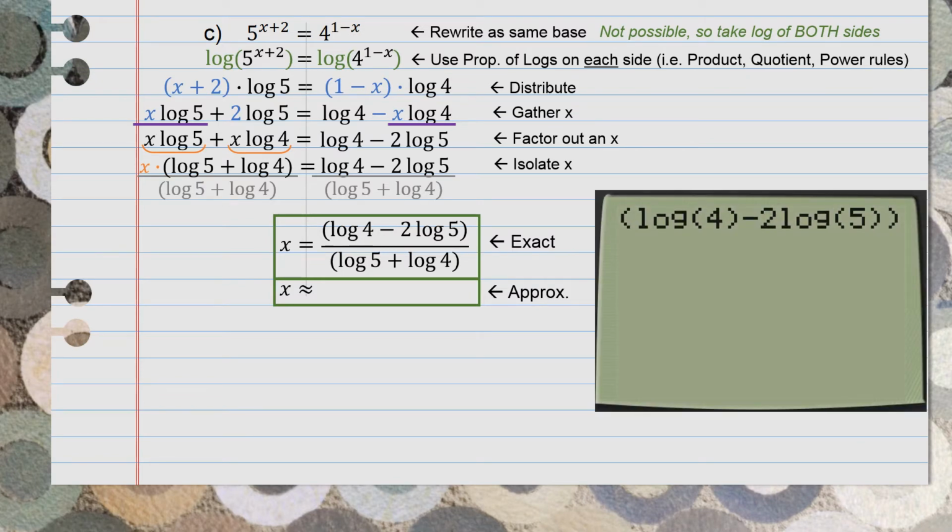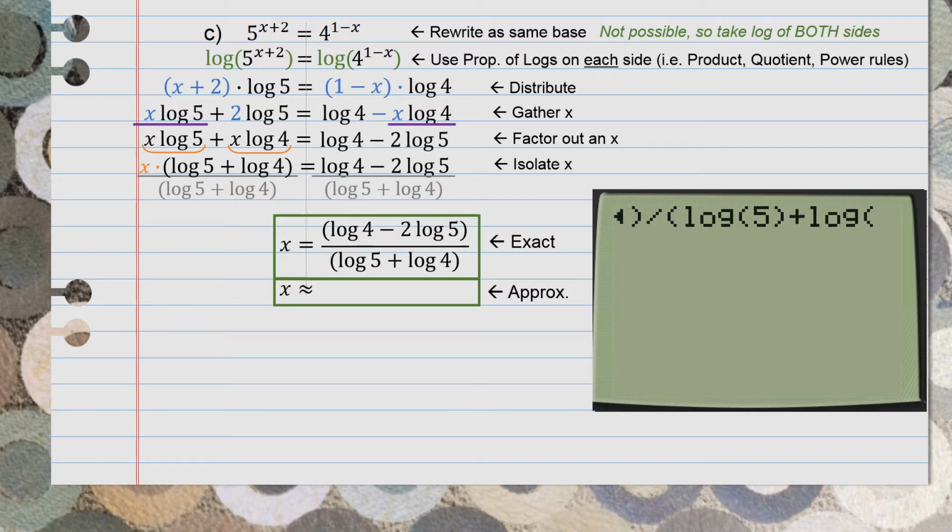So it will be parentheses log 4 close parentheses minus 2 log 5 close parentheses close parentheses divided by. Now in the denominator, because you have more than one term, you need parentheses again. So in the bottom we have parentheses log 5 plus log 4 close parentheses close parentheses.